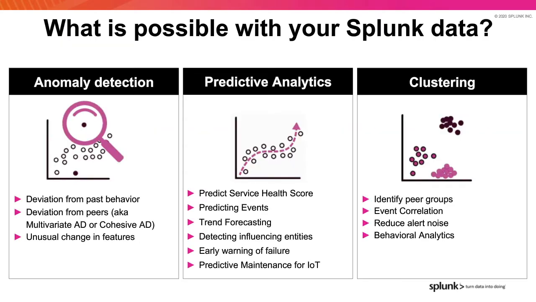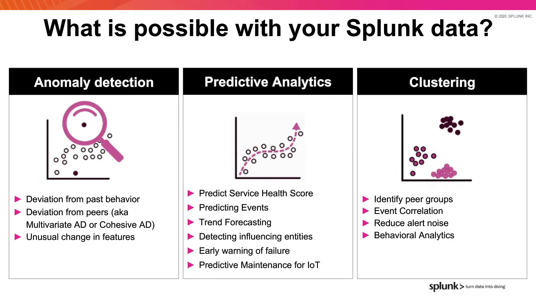As mentioned, machine learning can help you leverage your existing Splunk data to do even more. We like to think about using data you already collect to help you with three possible scenarios. First, outlier and anomaly detection. This may include deviating behaviors or unusual changes you might observe.